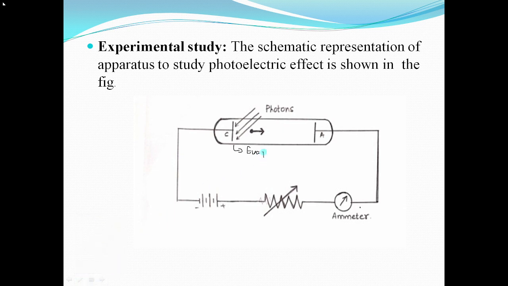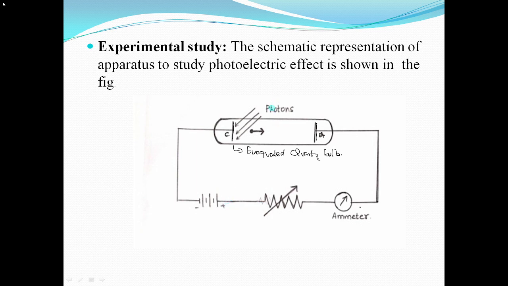The evacuated quartz bulb consists of a cathode and an anode. This cathode and anode are prepared with zinc plates. Here the cathode is connected to the negative terminal of the battery and the anode is connected to the positive terminal of the battery.